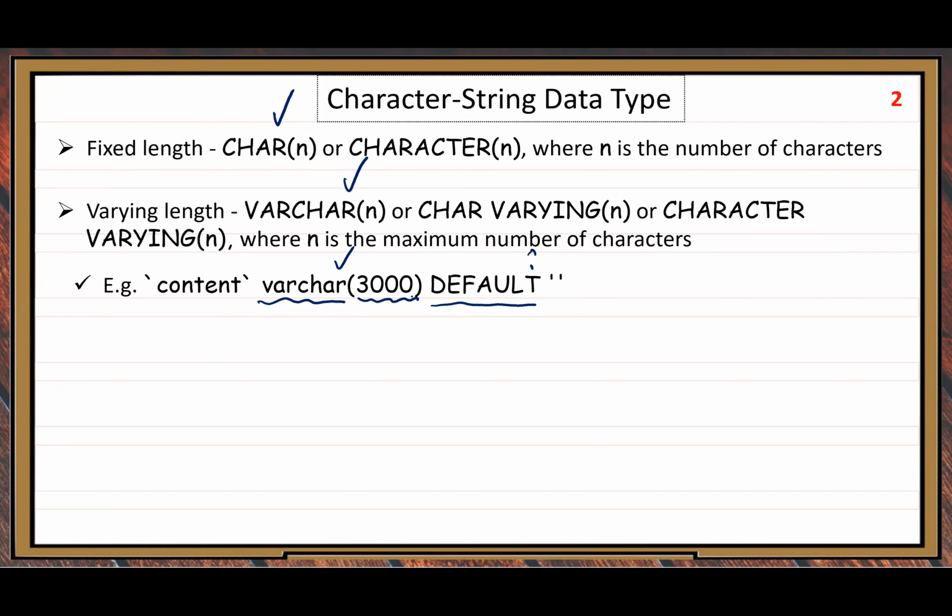When you define each table, you need to be aware, based on your business application, how many characters you need to put there. Put an appropriate number there to avoid truncation, otherwise you lose your data.